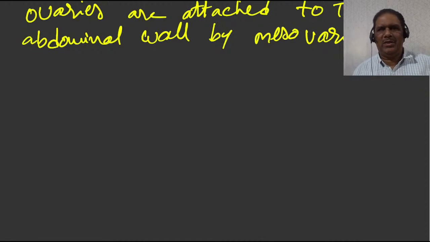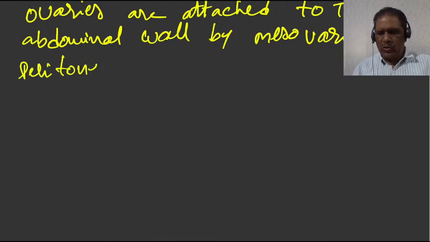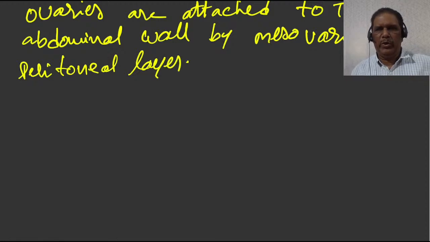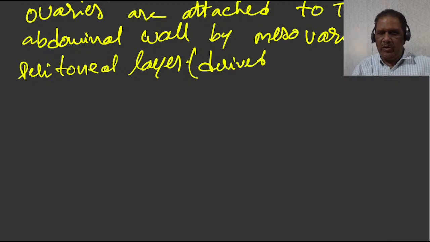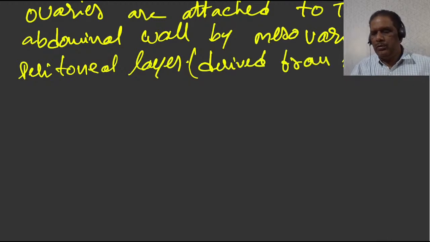These two are peritoneal layers. What is a peritoneum? Peritoneum is derived from the mesoderm.